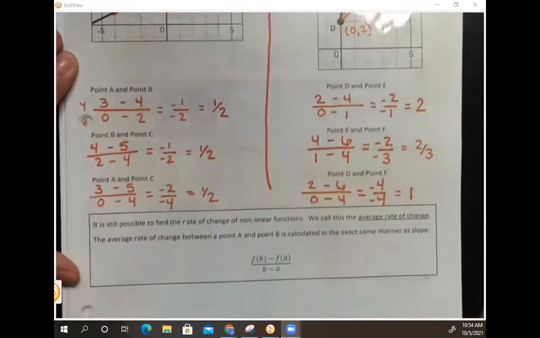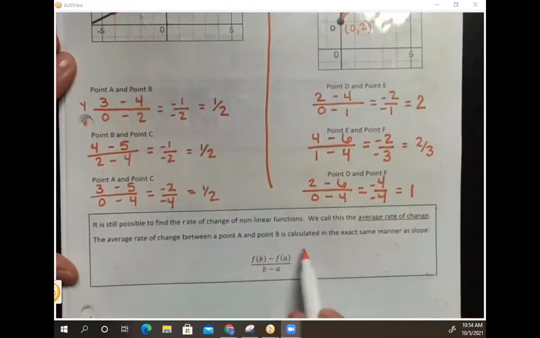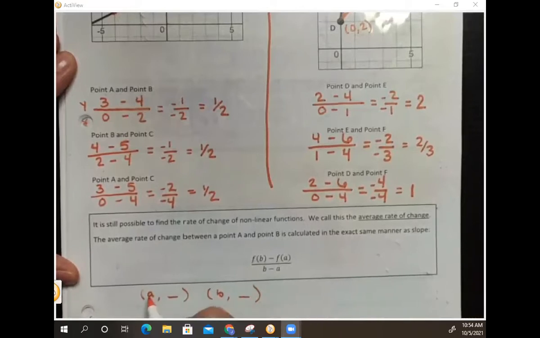Now, at the bottom of page 97 is a box that's got a formula looking thing down here. I want to point out that this is the same slope formula we've been using, okay? So if I have point A comma something and B comma something, A and B would be my X values.